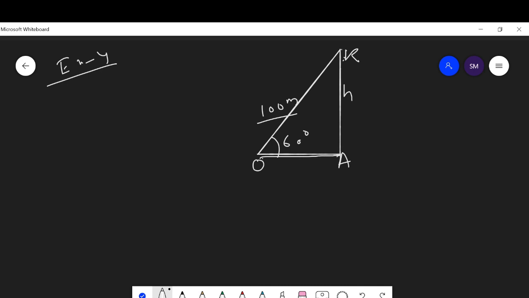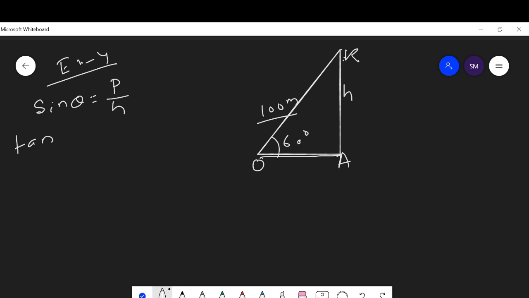Okay. Then you know that the angle of elevation is 60 degree. Applying sine, sine theta is equal to perpendicular upon hypotenuse.